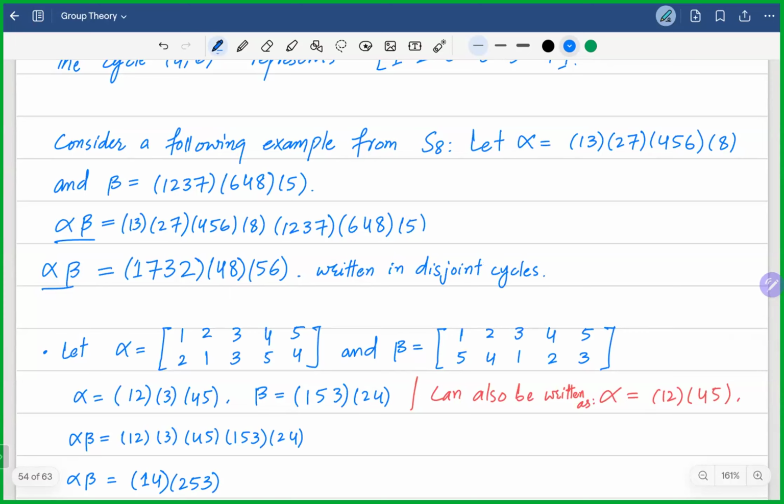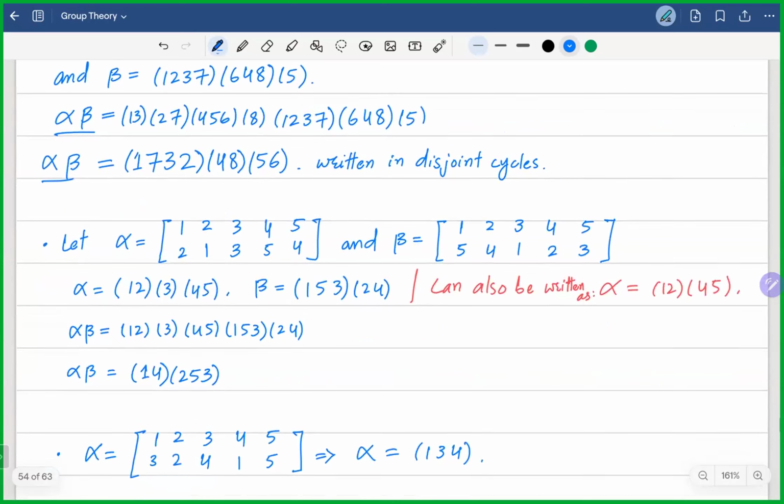No. The next theorem shows that the disjoint cycle form has an enormous advantage of allowing us to eyeball the order of a permutation.